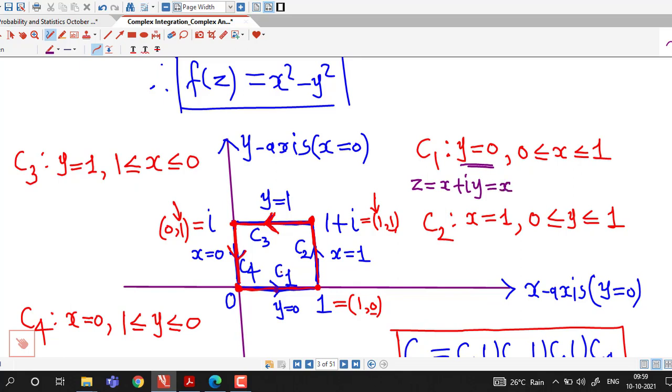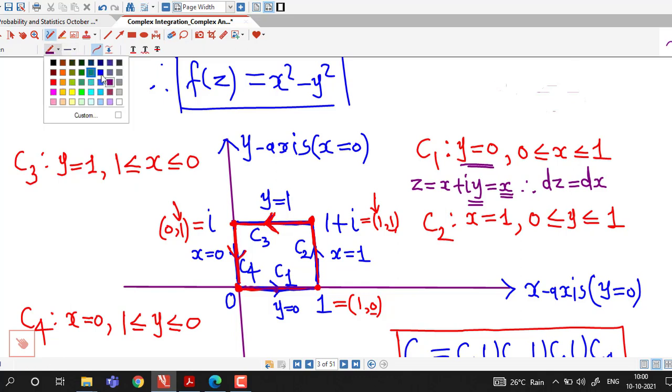So along C1 z will be x, therefore dz by dx will be 1, and we will write dz equal to dx along C1. We put y equal to 0, so that we obtain z equal to x. And if we differentiate z with respect to x, we obtain 1. Therefore we will write dz equal to dx along C1.